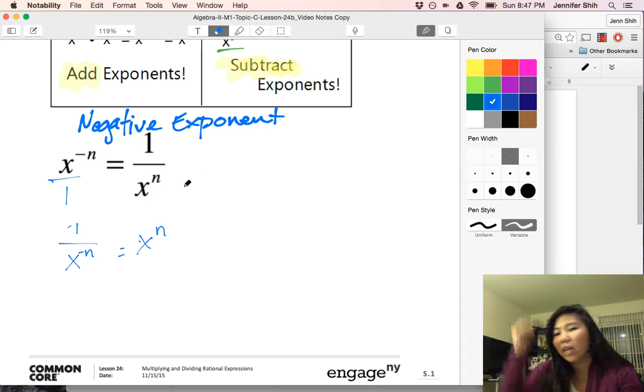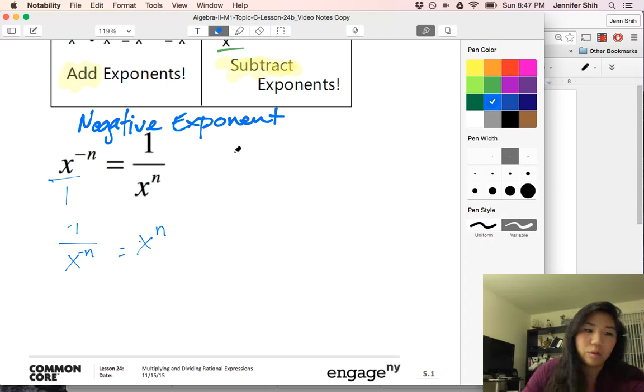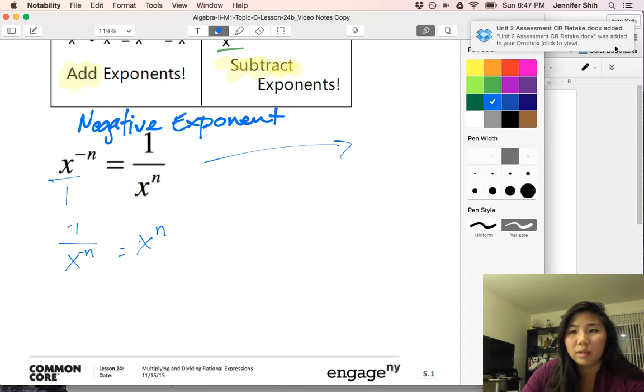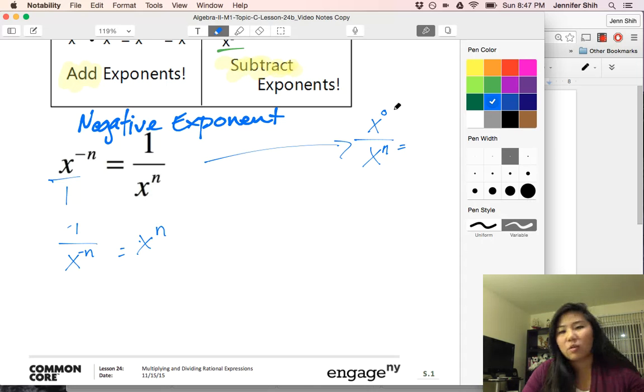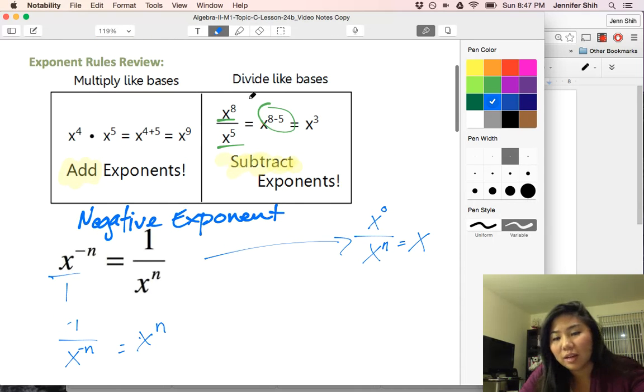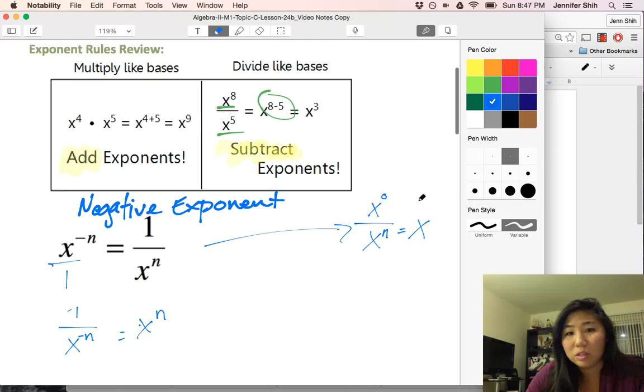And if you can't ever remember why it is, as a side note, I want you to think about x to the 0 power. 1 is x to the 0 power. 1 is anything to the 0 power. But in this case, let's use x to the 0 power over x to the n power. So x to the 0 power would be our 1, and then x to the n is our x to the n. Using our divide with like bases, we're going to subtract exponents.